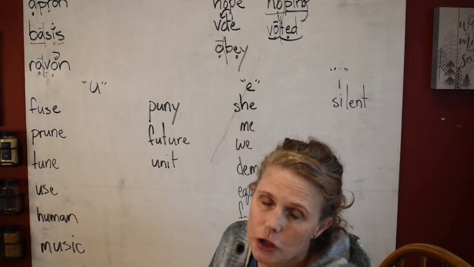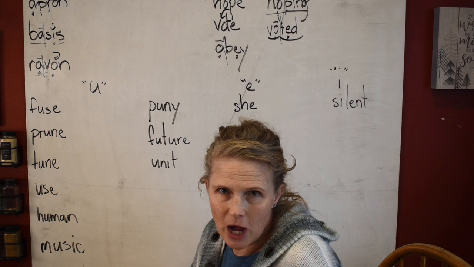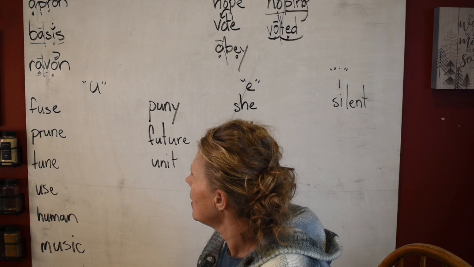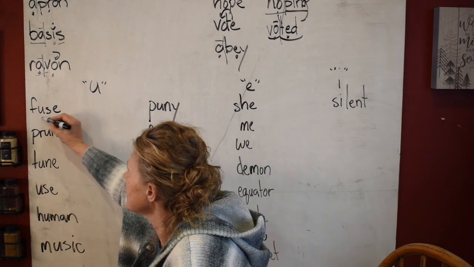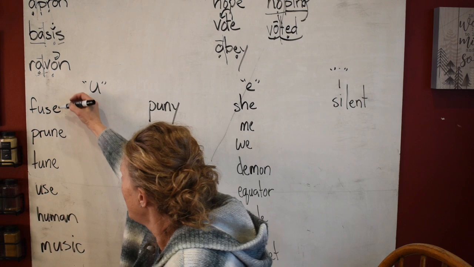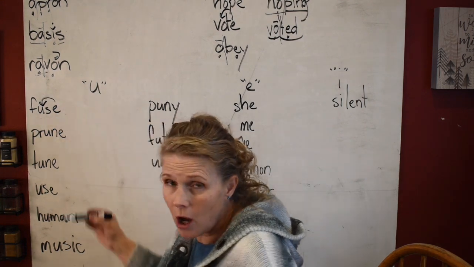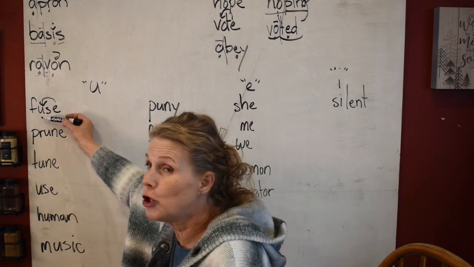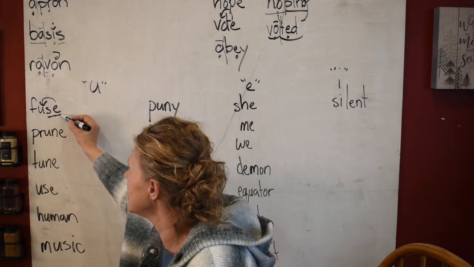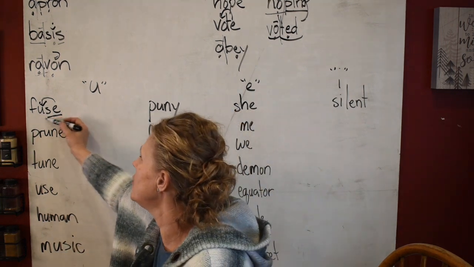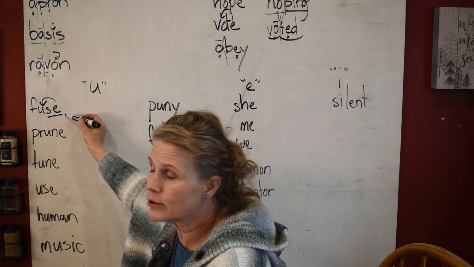Let's look at the long U sound and let's find our open syllables in the long U sound. This is a silent E syllable. And this E is forcing that U to be long, and it's saying use. Remember, SE oftentimes says Z at the end of a word. Fuse.